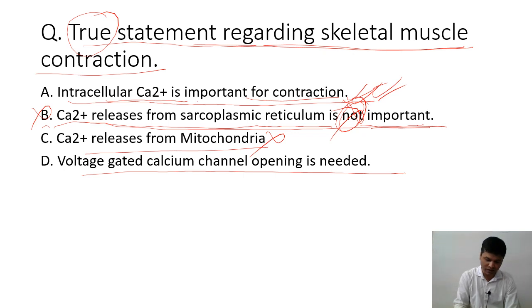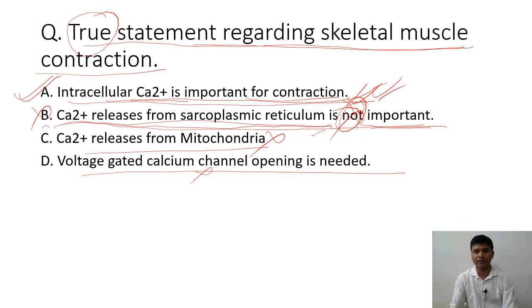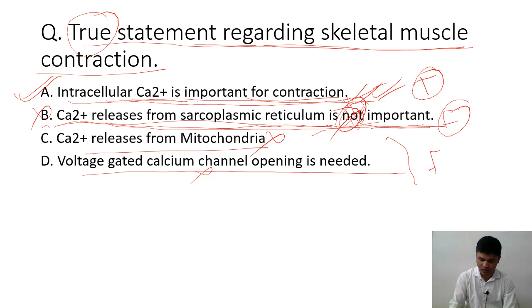No, it is not needed here. It is needed in cardiac muscle or smooth muscle. So the answer will be intracellular calcium is important for contraction. If it were written that calcium released from sarcoplasmic reticulum is important, that would be the right choice, but here it is not written that way. So this is the true statement, and the others are false.